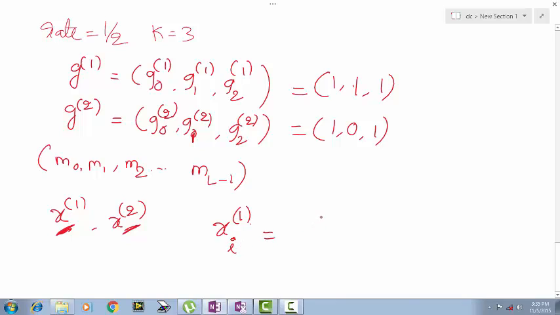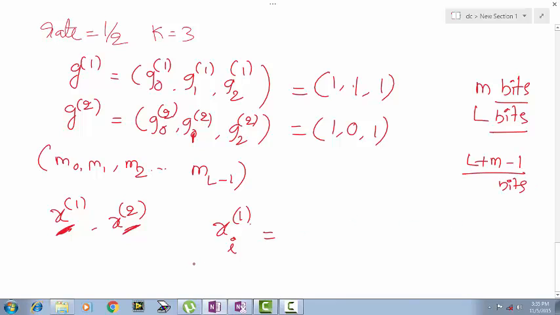and when we perform convolution, the first generator sequence has 3 bits and you got the message sequence as L bits. Suppose the generator sequence is having M number of bits and the message is having L bits. When you perform discrete time convolution on these two sequences, the output sequence will be having L plus M minus 1 bits.